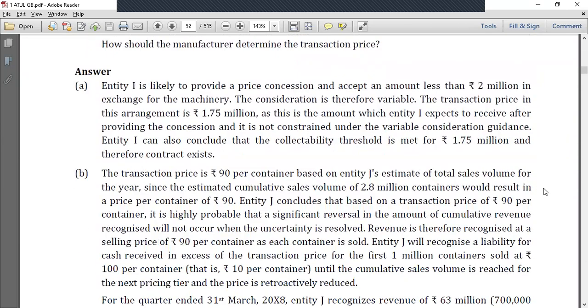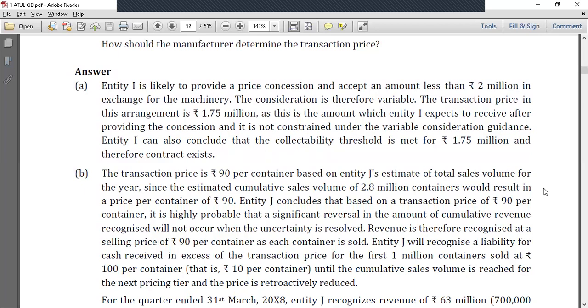See here, entity I is likely to provide a price concession and accept an amount less than 20 lakhs, which is 1.75 million. He is supposed to receive 2 million in exchange for the machinery, but here the consideration is therefore variable, and the transaction price in this arrangement is 1.75 million.